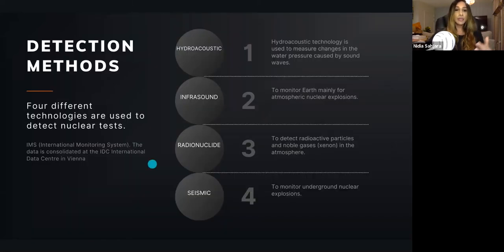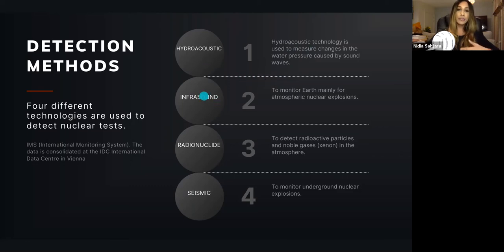So the IMS, that's where the paper I'm discussing tonight got their data from. That's the International Monitoring System. They have 4 detection methods. There's the hydroacoustic, which is the technology used to measure changes in water pressure caused by sound waves.